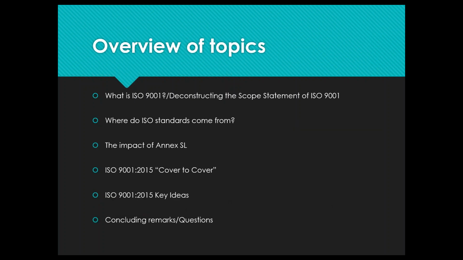Our topics for today, we're going to address what the ISO 9001 standard is, what it's positioned for, and we're going to primarily approach that by deconstructing the scope statement and take it piece by piece. We're going to have a little bit of discussion on where ISO standards come from.